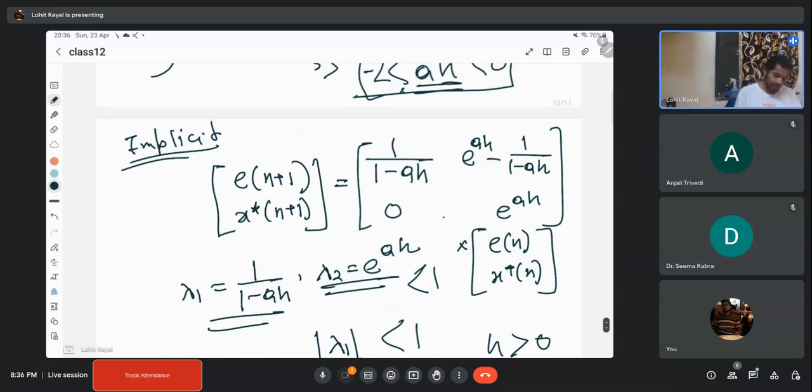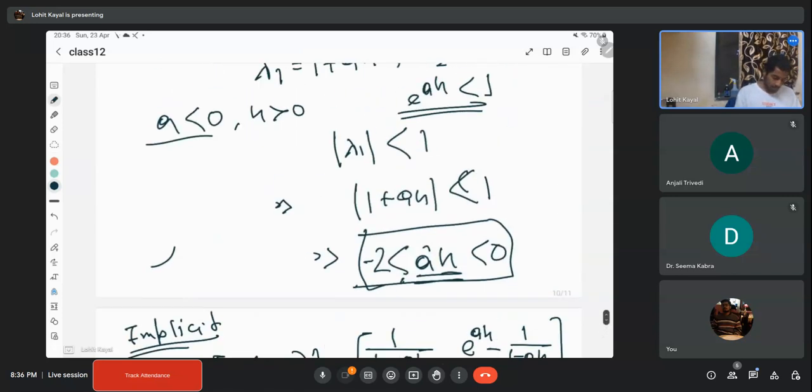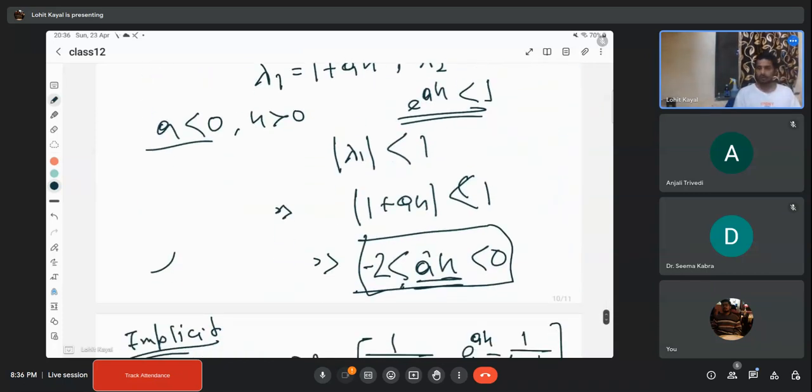Whatever the value of h is, that is not a problem. It will always be less than 1. So that is why the implicit scheme is unconditionally stable. Unlike the explicit scheme where you need to take care of the step size, in this case you do not need to take care of the step size.